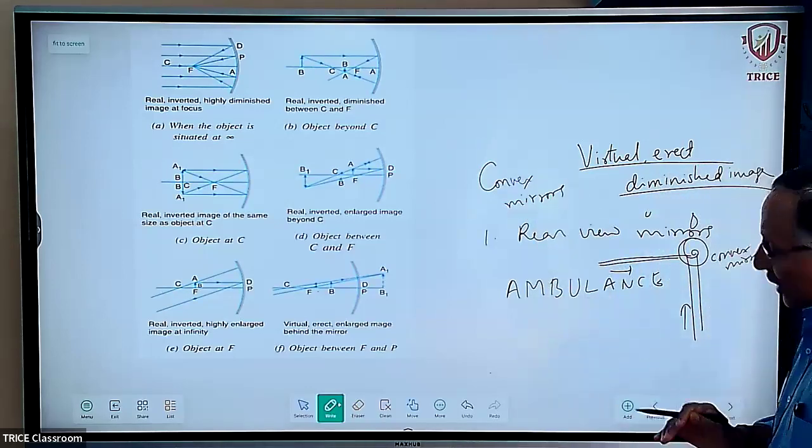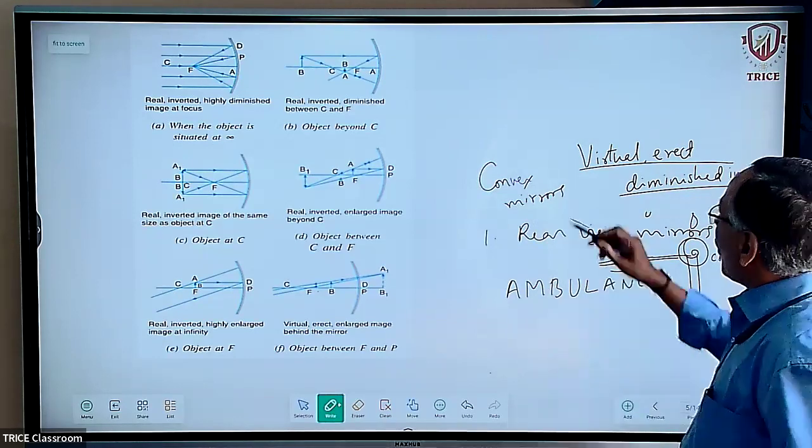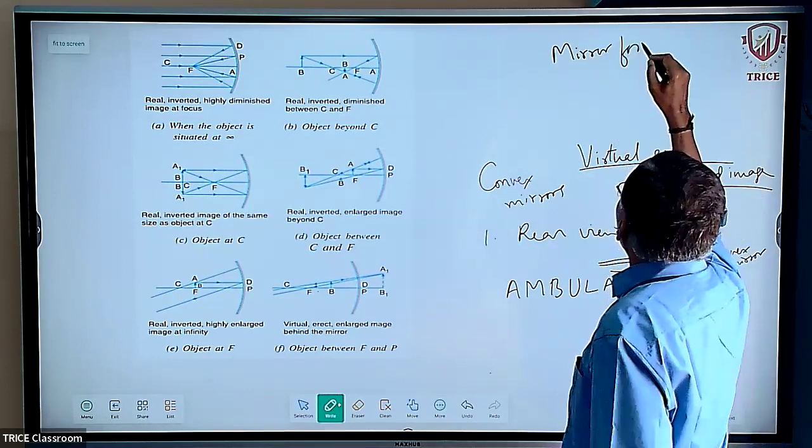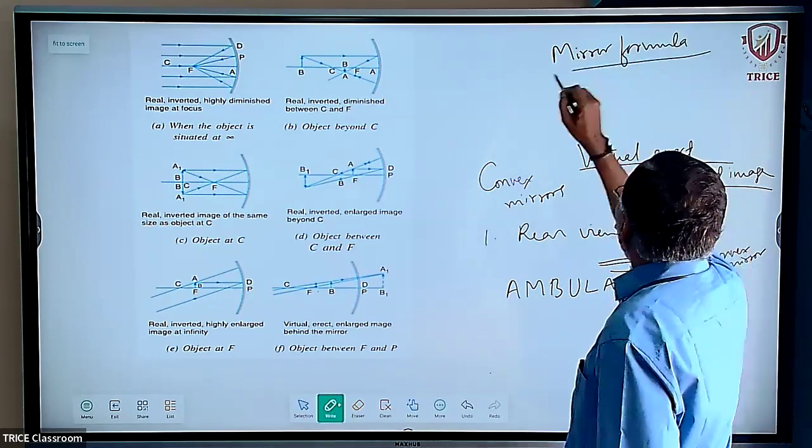All right. There is one formula which is called the mirror formula for both concave and convex.